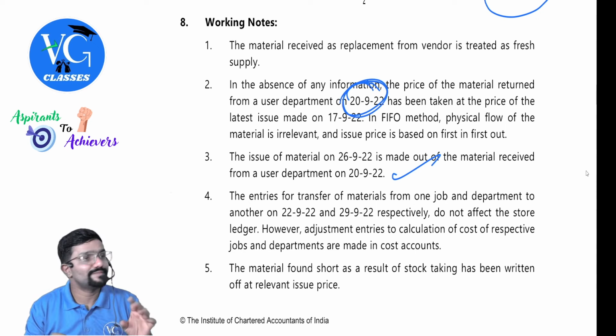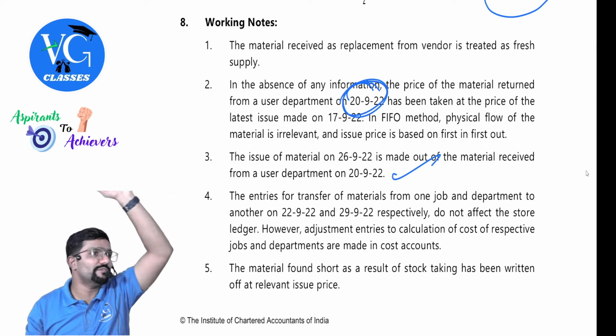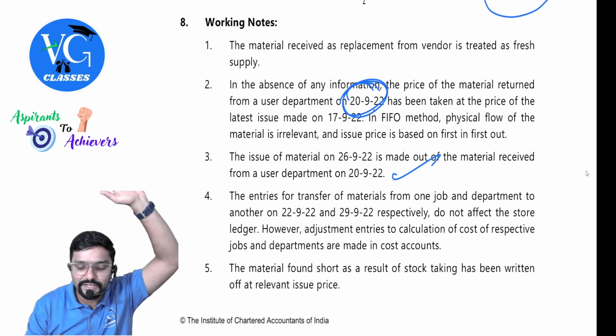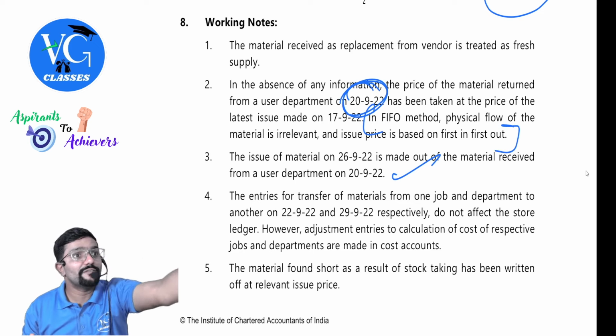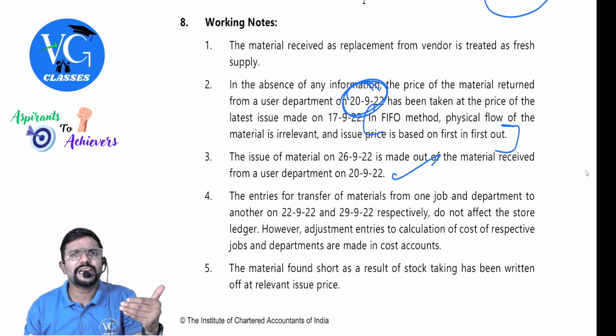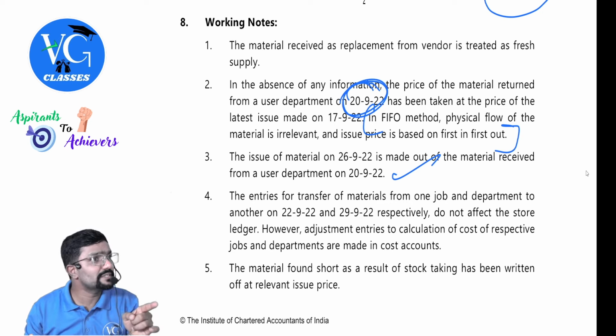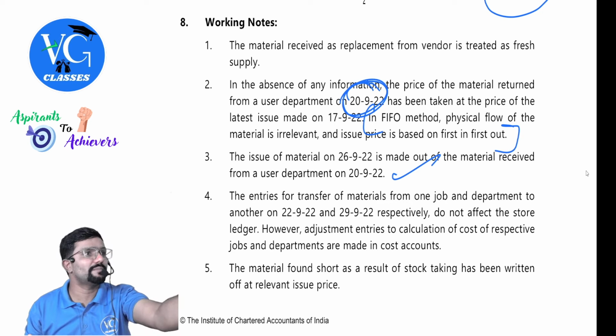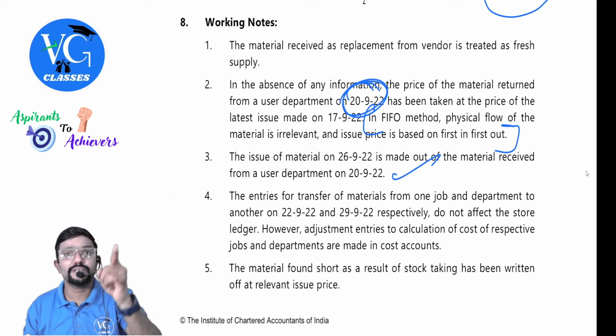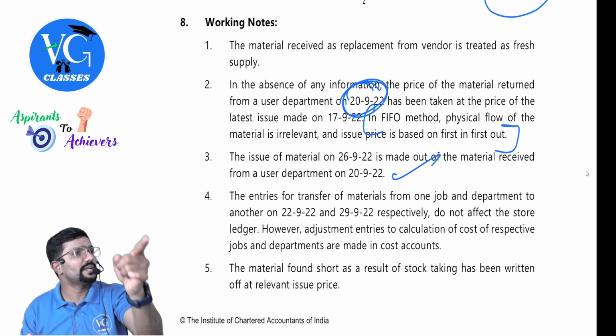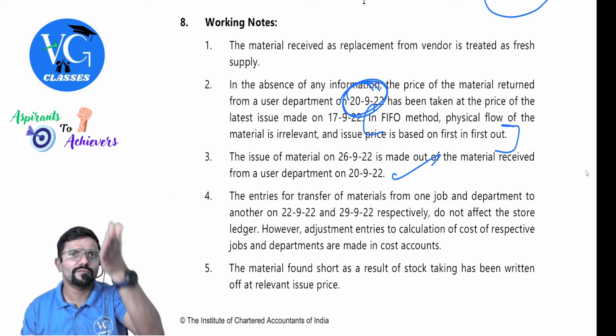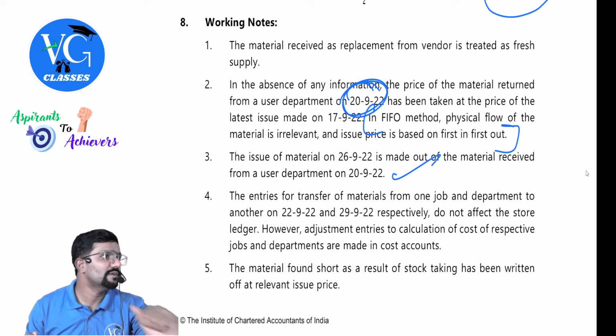First to this return. Remaining, I can follow FIFO. Sir, when it came back, is it considered a fresh purchase? No, no. It was returns from the production department. When you are issuing next, first give this. Then for the remaining units, follow FIFO.